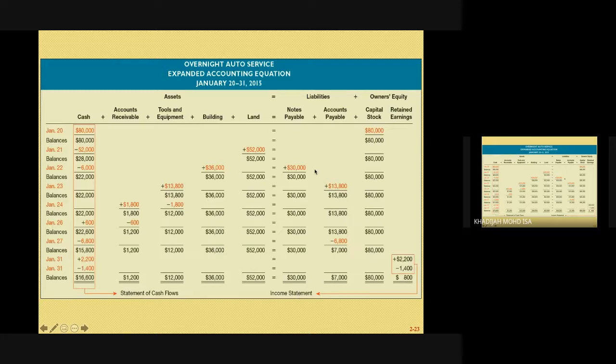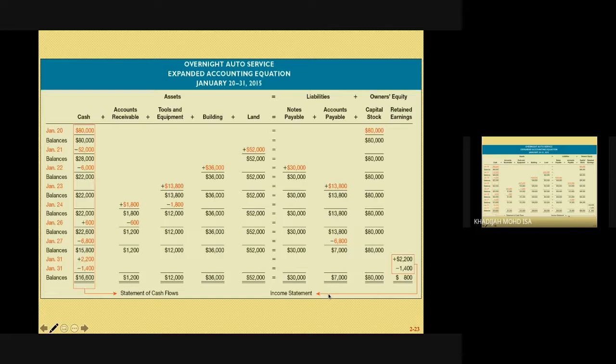What else do you have? Your owner's equity: you have capital stock, but for retained earnings, initially you have a revenue of 2,200, but then you pay your expenses, so the remaining retained earnings is only 800. So what should appear in your profit and loss account is only this balance at the end of the period.